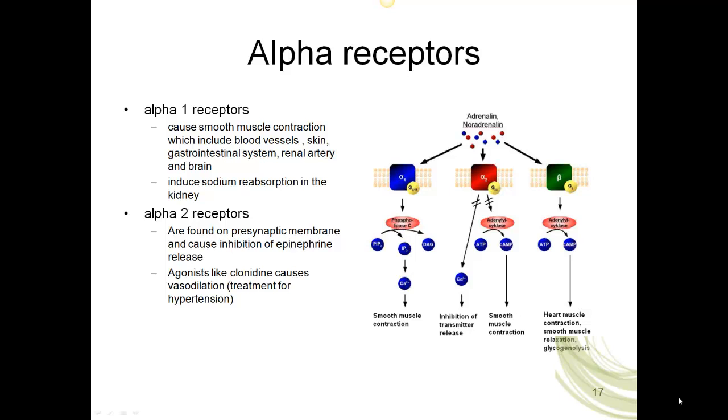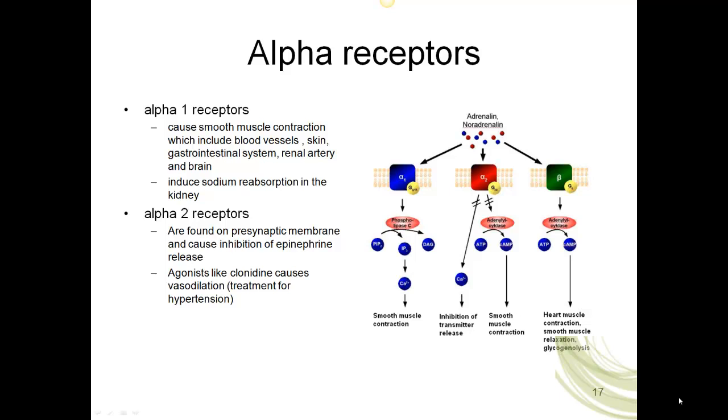Alpha 2 receptors. These are negative feedback inhibition at its best. They are found on the presynaptic membrane. That means the neuron that is releasing norepinephrine, and sometimes again epinephrine can be used as a neurotransmitter.